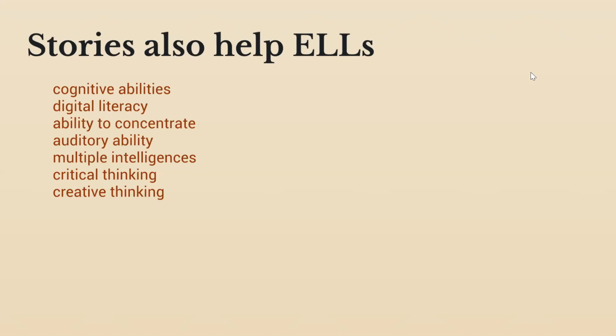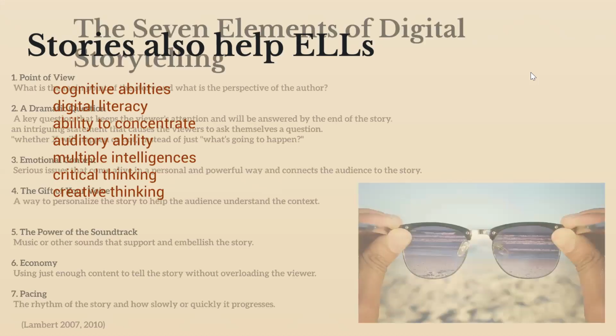Let's say two characters in the same story are arguing. So how would the students make valid arguments, not fallacies, inside the story? Creative thinking. What are the creative ideas that they're going to come up with?